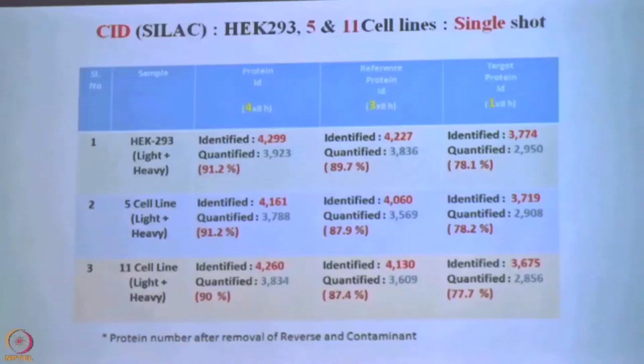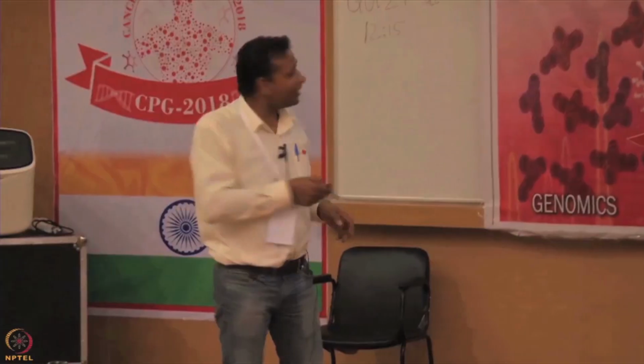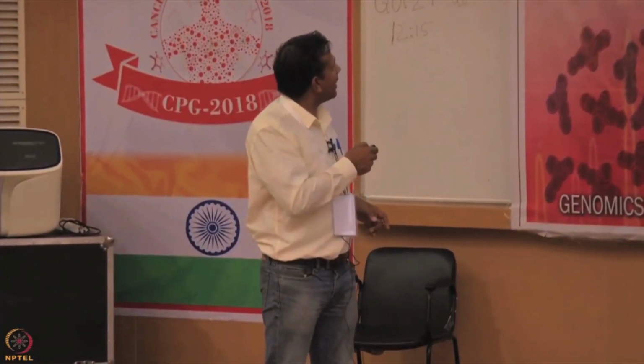That is the reason when you identify 4200, I quantified 91% in 4. But when you did it in 1, I told you the concept already, here you quantified only 78%, here 89%, here 91%. So when you do multiple runs, you are going to quantify more. But now I am increasing to 5 cell lines, mixing 5 cell lines together, and then I am trying to see what is happening.